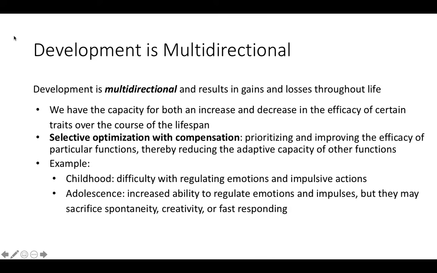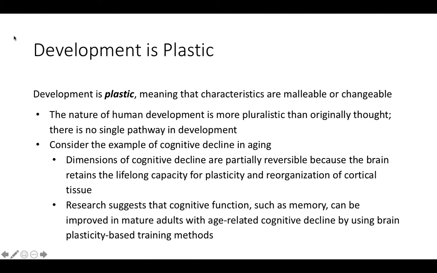So, for example, in childhood, we have difficulty with regulating emotions and impulsive actions. And then in adolescence, we have this increased ability to regulate emotions and impulses, but they may sacrifice spontaneity, creativity, or fast responding.